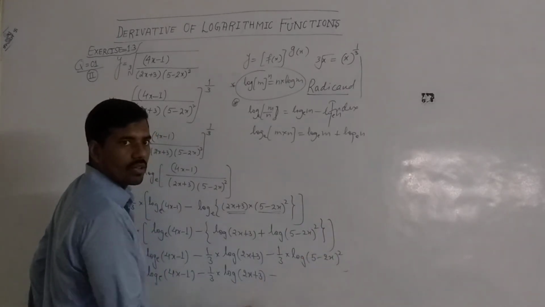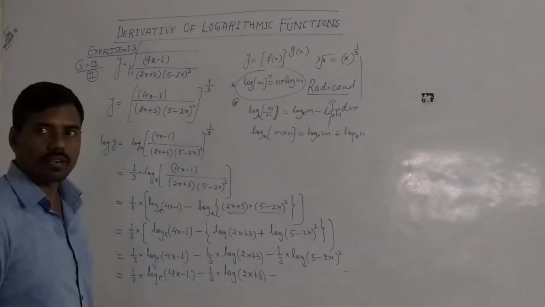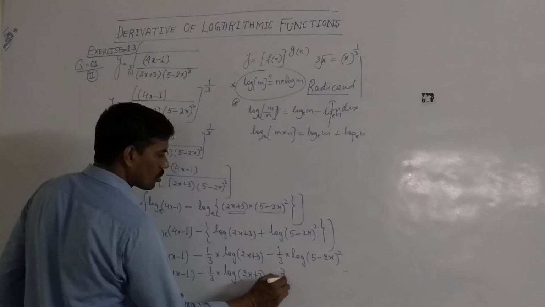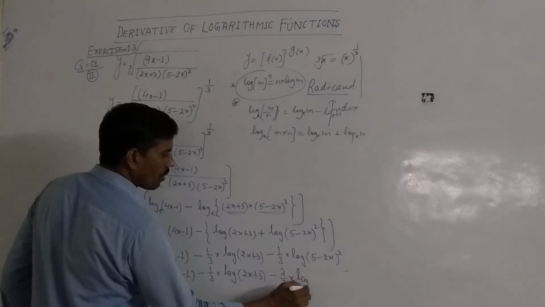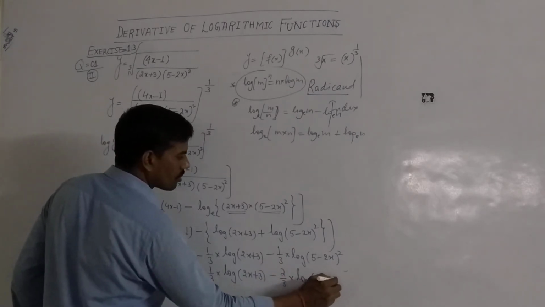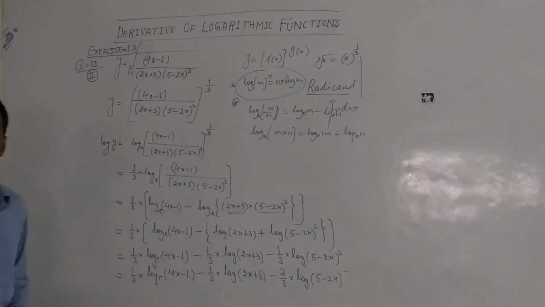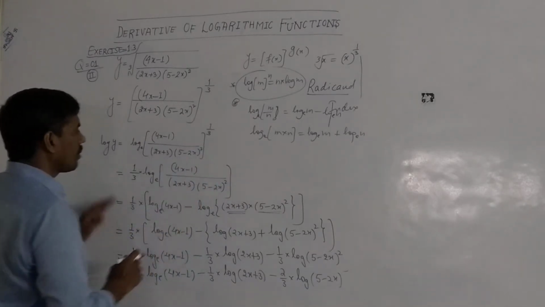N is working as multiplier. So 1 2s are 2, means 2 by 3 into log of 5 minus 2x. Clear? So this one is our last simplified form of the given function.